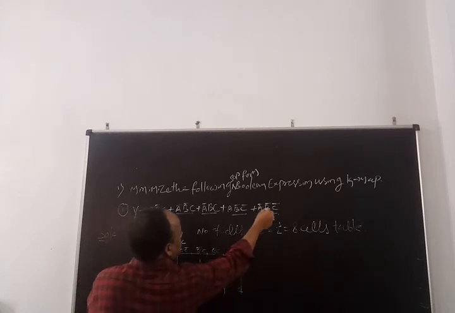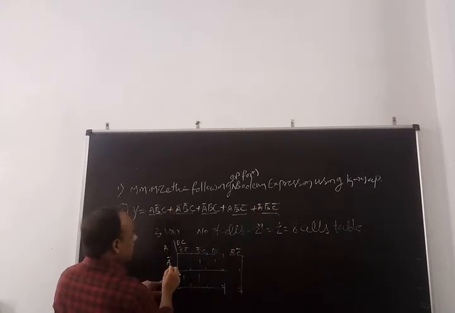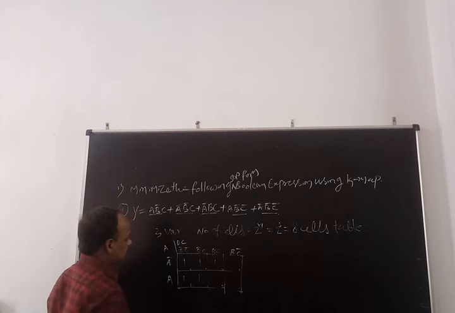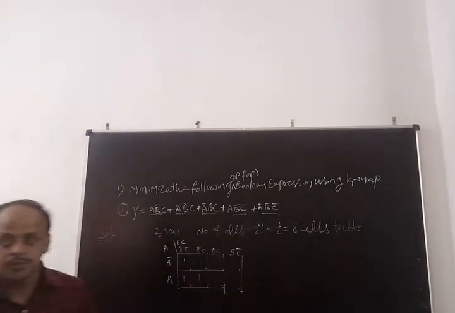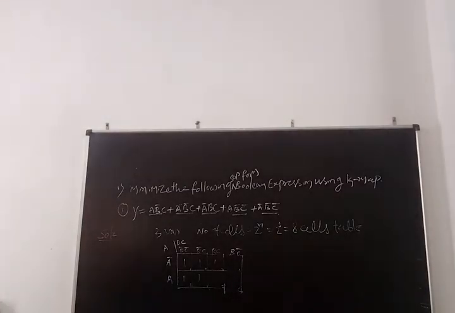Next, A bar B bar C bar. Right? 1, 2, 3, 4, 5.